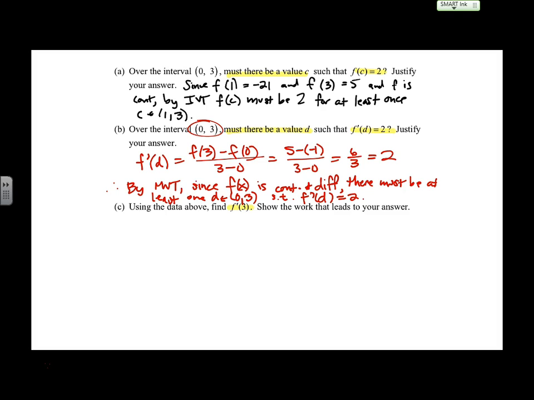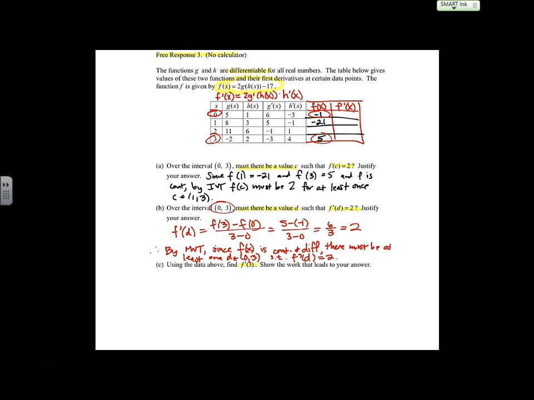How'd you guys find f prime of 3? Did we already do that? Oh, but we found f prime. Make sure you guys show f prime of x equals, well, we already showed 2g prime of h times h prime. We just have to plug in 3. So f prime of 3 is 2 times g prime of, remember guys, just plug in where the x is. That's all you gotta do. Times h prime of 3.